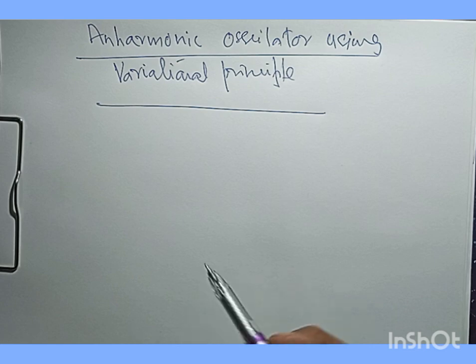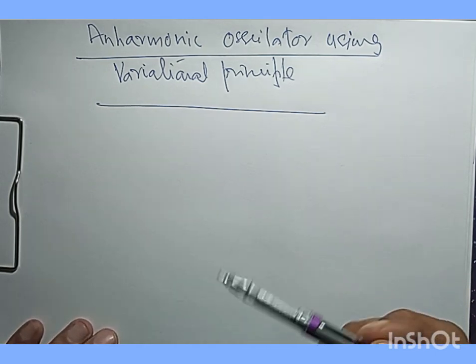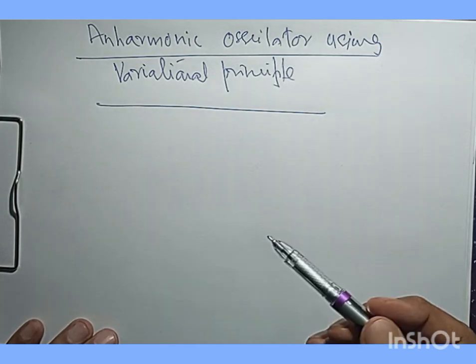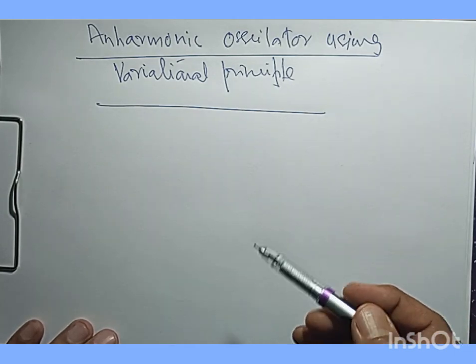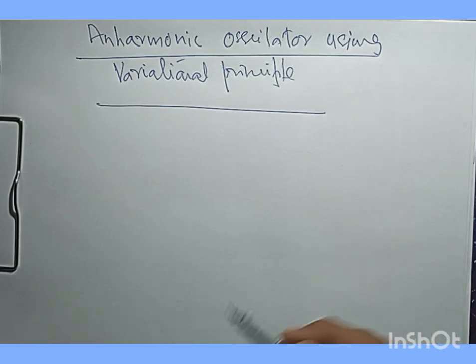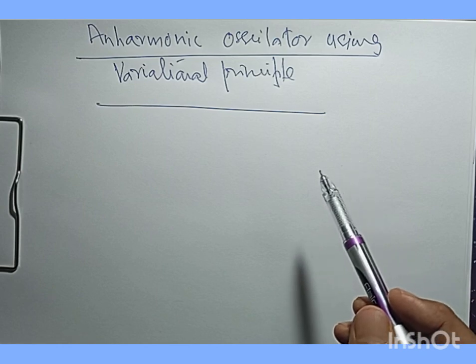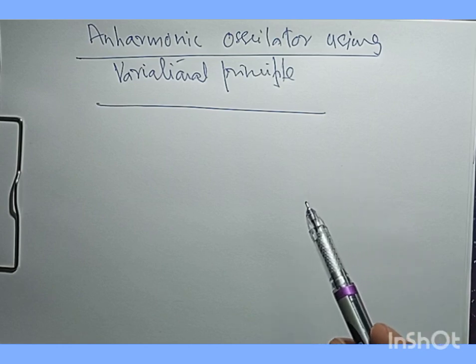So for the anharmonic oscillator, the potential deviates from the quadratic form of the harmonic oscillator, making the problem much more complicated, because we have the kinetic energy term, we have the potential energy term, and there's a deviation in that quadratic term.